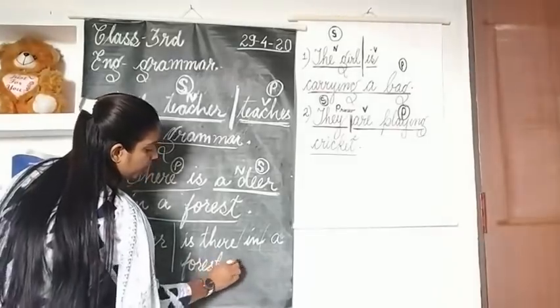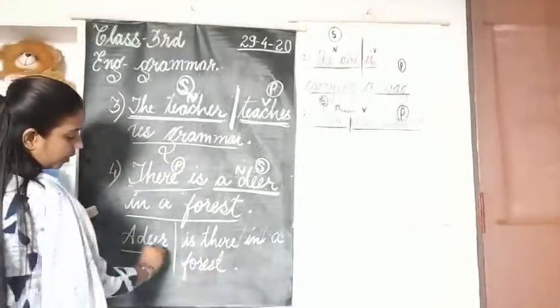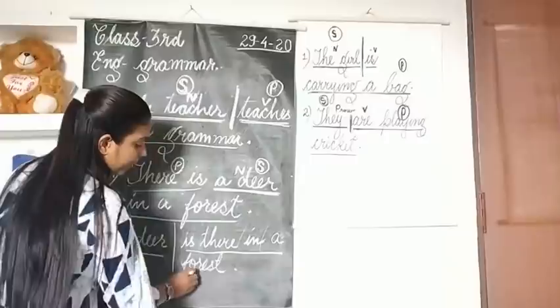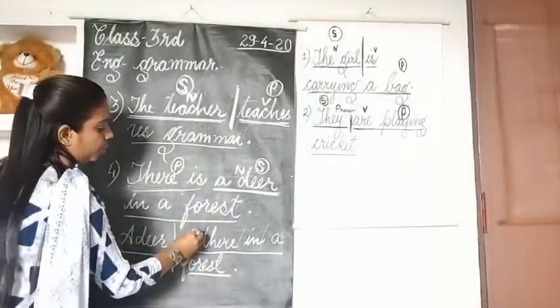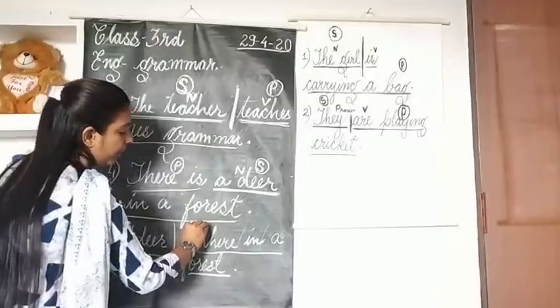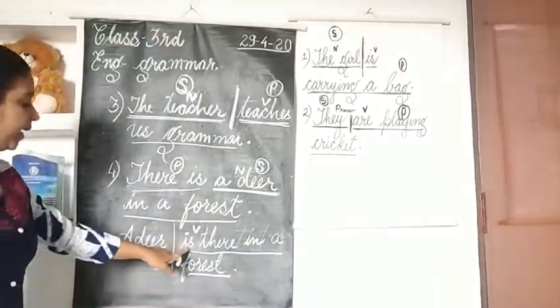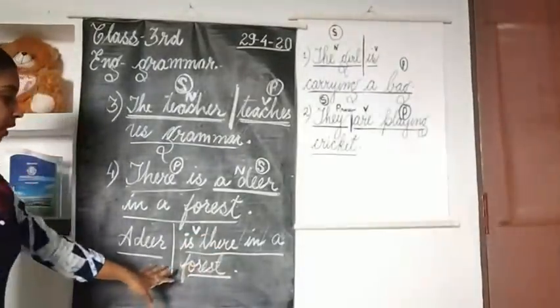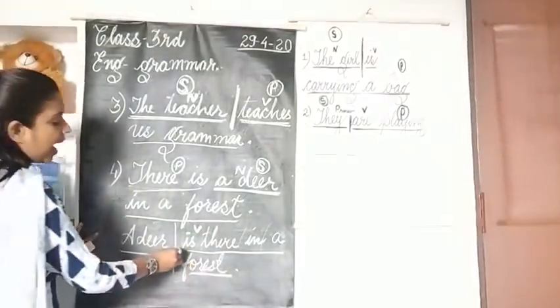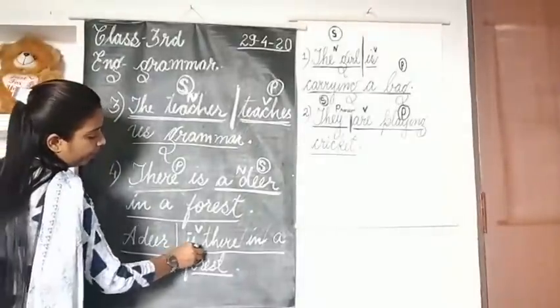Now you can see here, children, that this is the subject part and this is the predicate part, which begins with the verb 'is'. Here, 'is' is the helping verb, and since no action word is present in this sentence, it acts as the main verb.